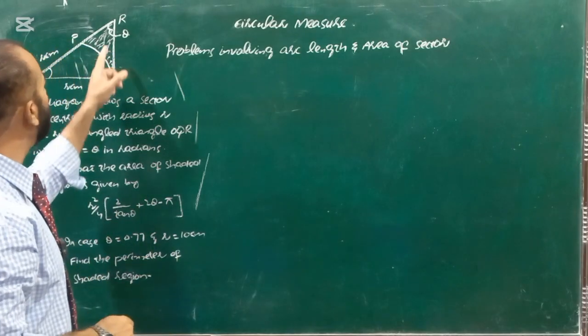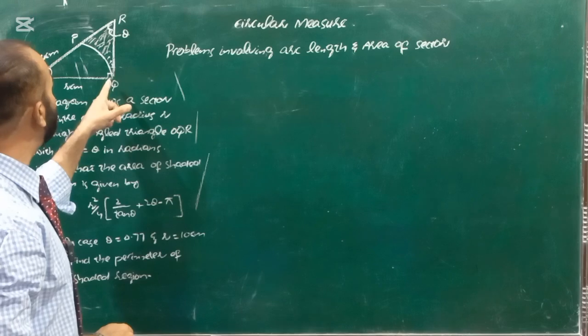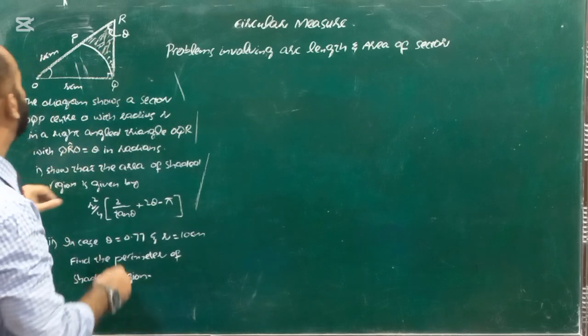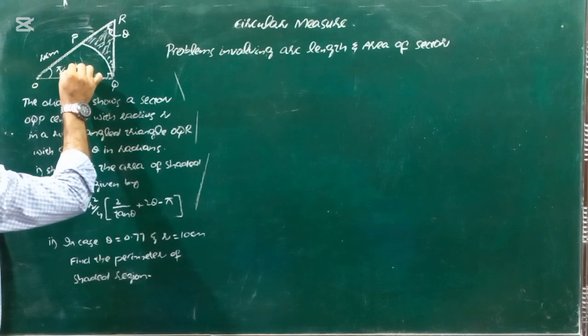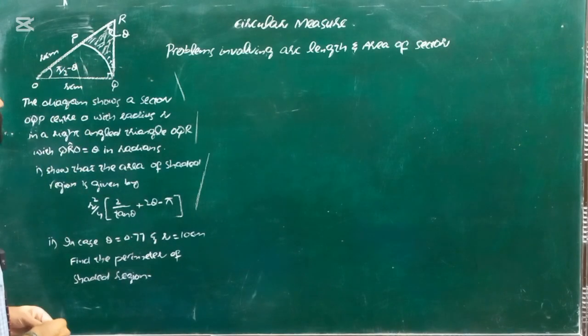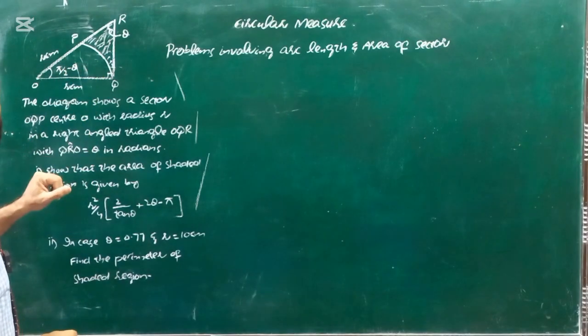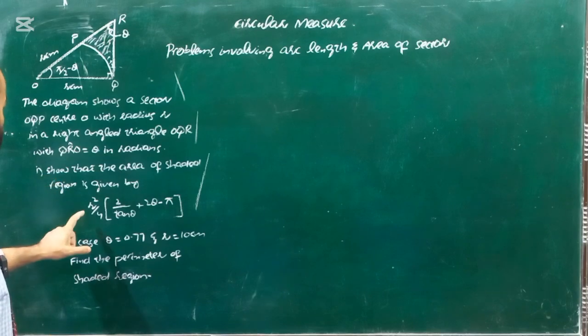So 180 minus pi by 2 minus theta. So it means this will be pi by 2 minus theta. So the requirement is the area of the shaded region. So we have to prove this.